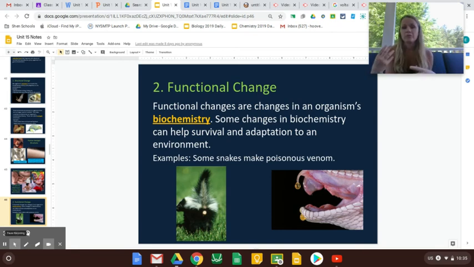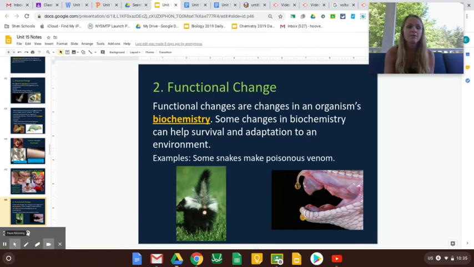It's that, over time, some snakes were born either by genetic shuffling, mixing of genes, or a mutation that brought in a new gene. Some snakes were born with this poisonous venom, and it happened to work out really well. Those snakes survived because they could poison their enemies, and then they went on to survive and reproduce and pass on that poisonous venom gene.